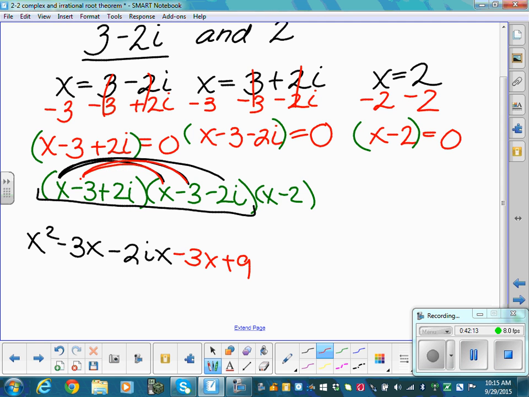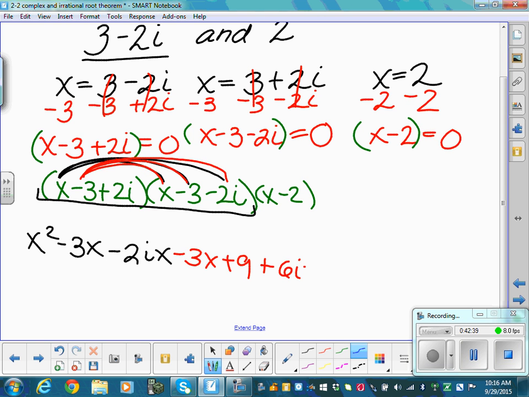Negative 3 times negative 2i's. Net positive 6i. Guys, so negative 3 times negative 2i's is positive 6i's, right? Okay. Are we all following? Okay.